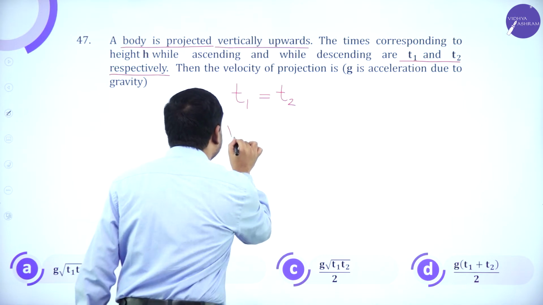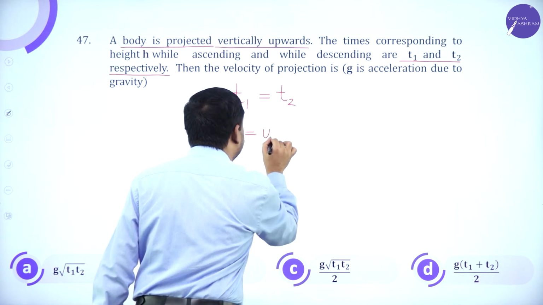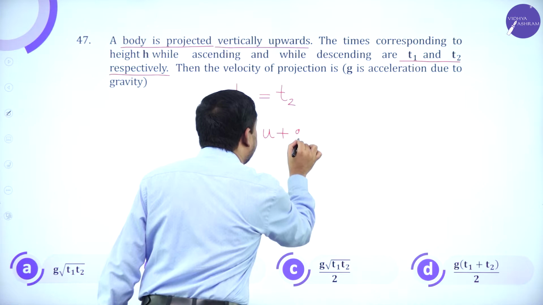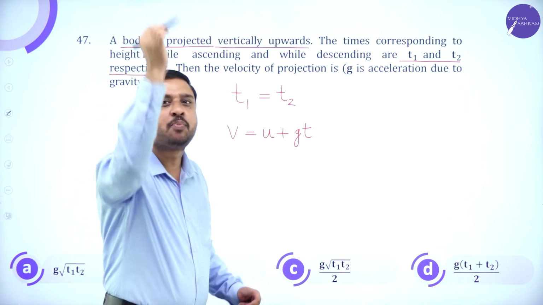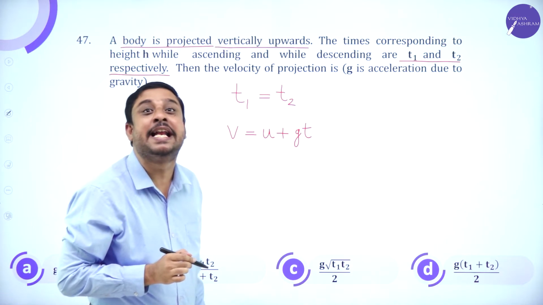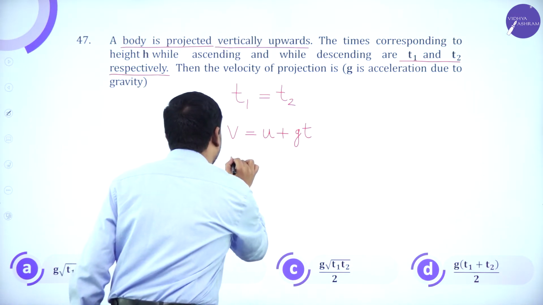Now I use V equals U plus GT. It reaches maximum height. Final velocity becomes 0.